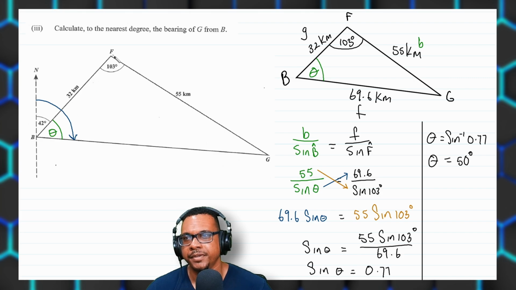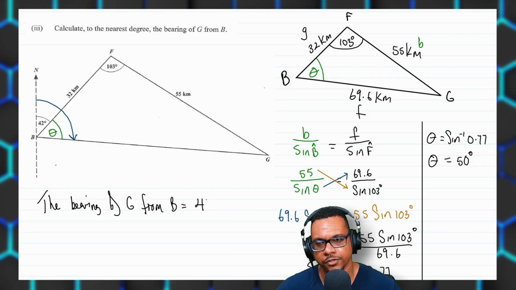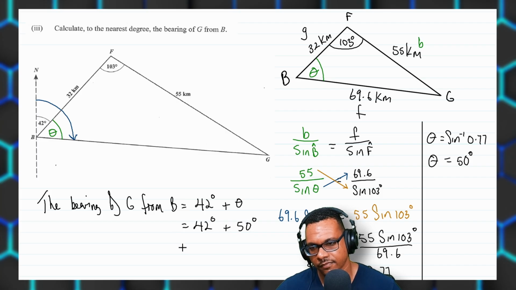So now the bearing of G from B is this whole angle here, which is the 42 plus theta, which is 42 plus 50. So I'm just going to write the bearing of G from B will be the 42 degrees plus theta, which is the 42 plus 50 degrees, which is 92 degrees.